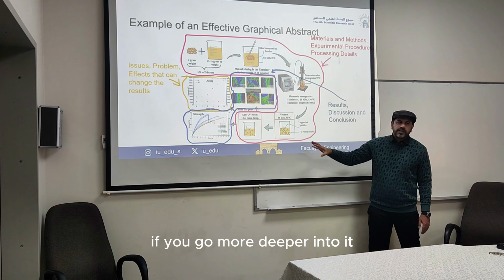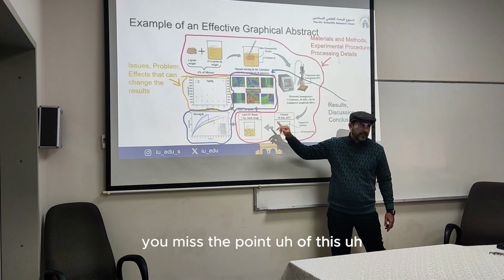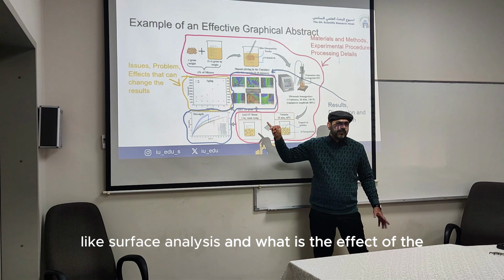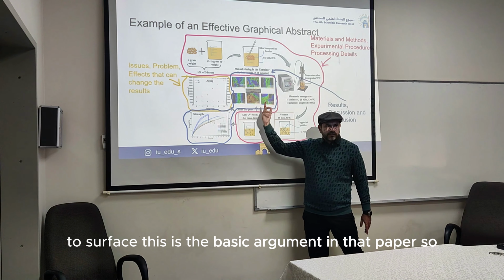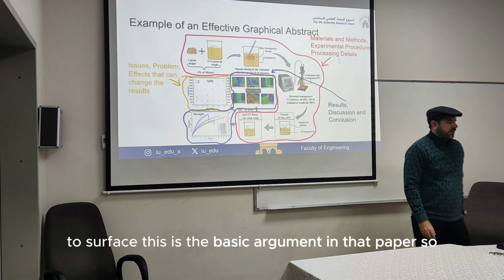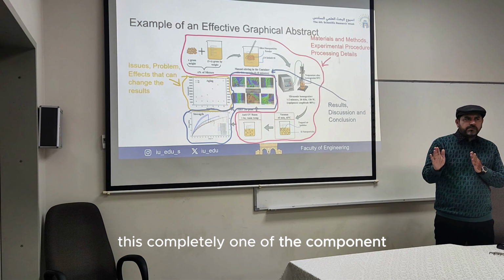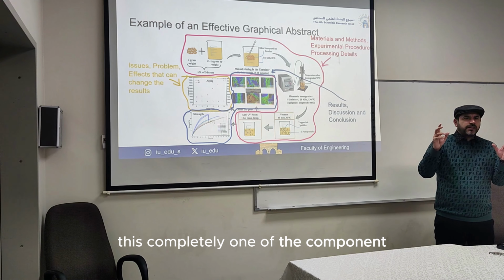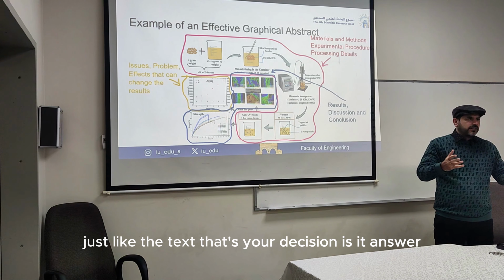If you go deeper into it, then you miss the point of the surface analysis, and what the effect is if we have a poor surface and the strength of the surface. This is the basic argument in that paper. So sometimes you miss one of the components completely. But whatever you want to highlight, just like the text, that's your decision.